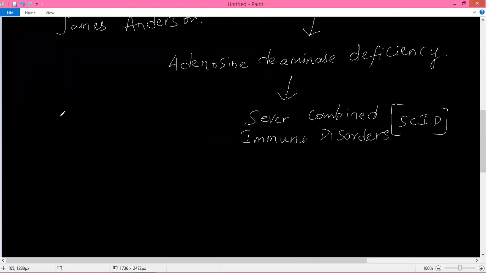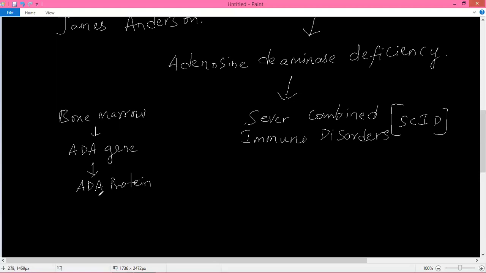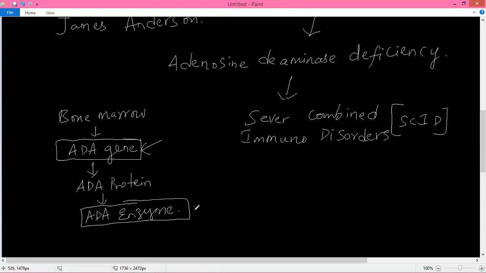Here, very simple thing. In the bone marrow there are particular genes. That gene is nothing but the ADA gene, which is responsible for the ADA protein, and thereby this protein will be transformed into ADA enzyme. Due to a defective ADA gene, this ADA enzyme will not be synthesized.